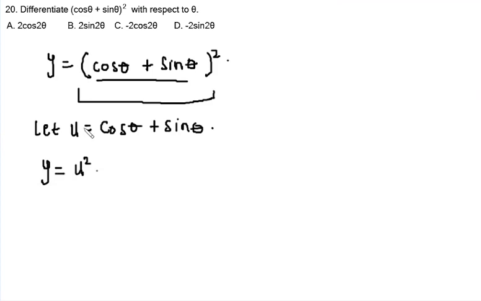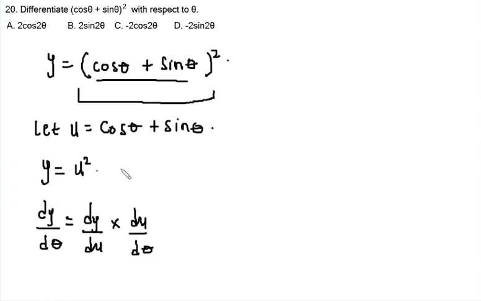I will simply say dy d theta, which is the original differentiation, is equal to dy du times du over d theta. So it's still the same thing. du cancels out du to still give you this.